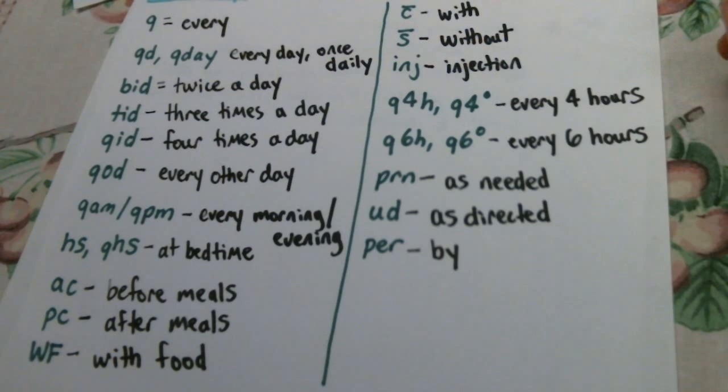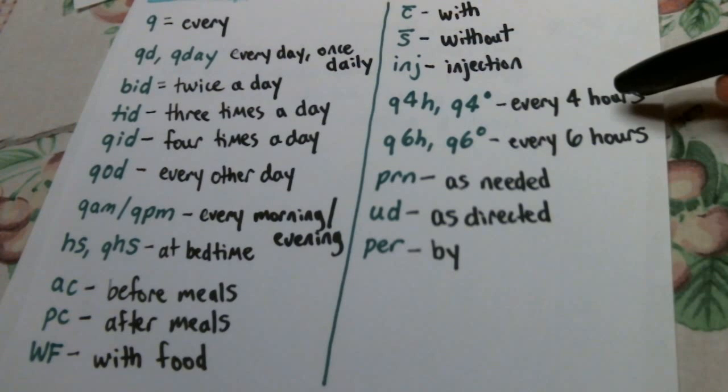In the case of pain medication, it's only given as needed for pain. So if the patient is not in pain, the patient does not necessarily have to take the medication every 4 to 6 hours. But it's important to remember that they must wait at least every 4 to 6 hours in order to take the medication again, should they need the medication.